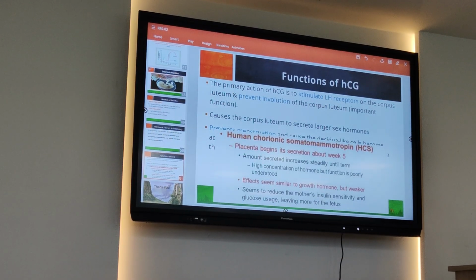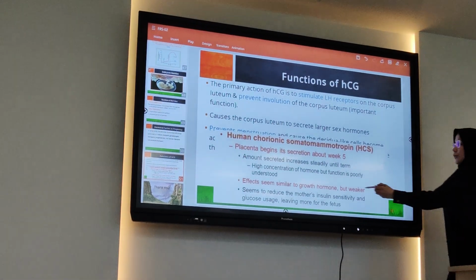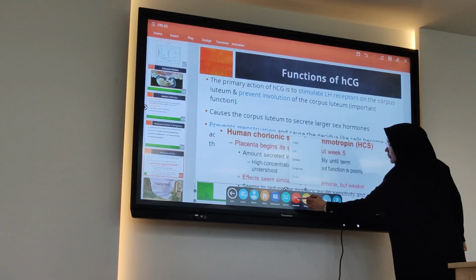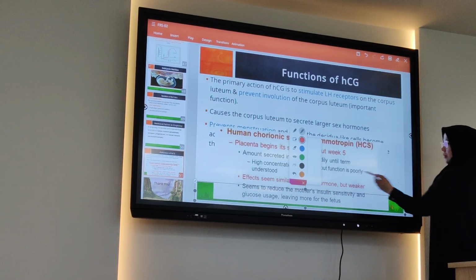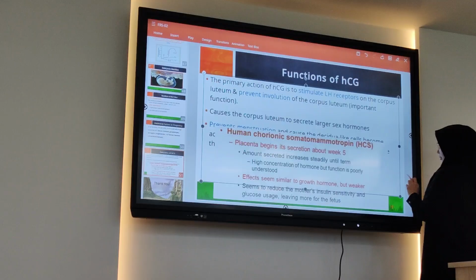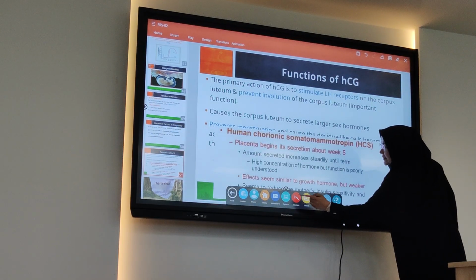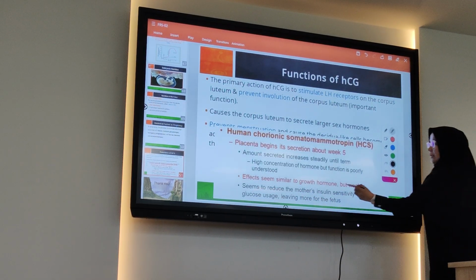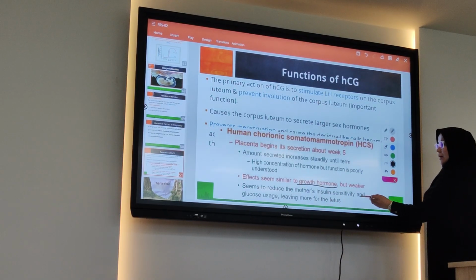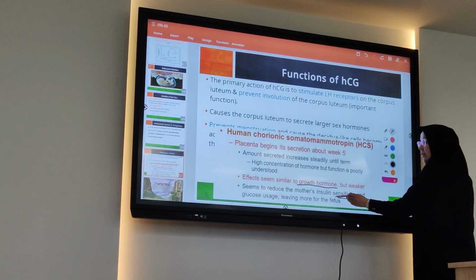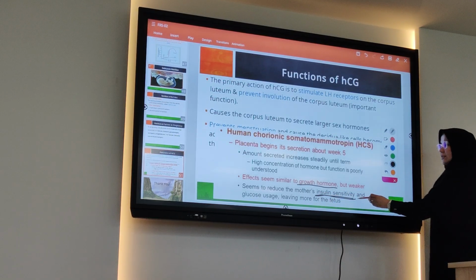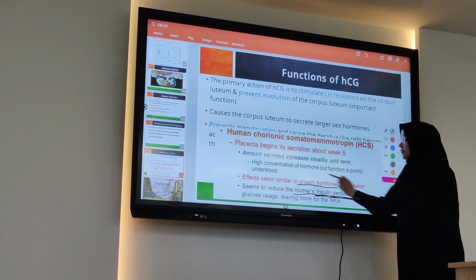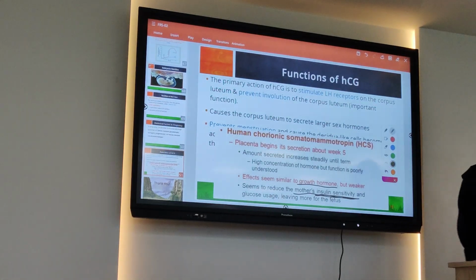In fact, there is no exact belief about its exact function, but we can say that this hormone acts like a growth hormone and decreases insulin sensitivity of the mother.